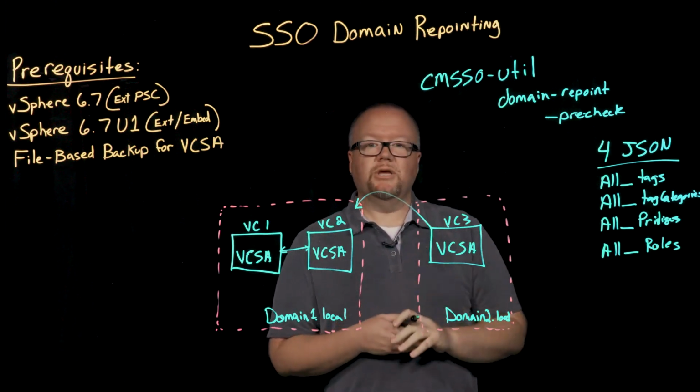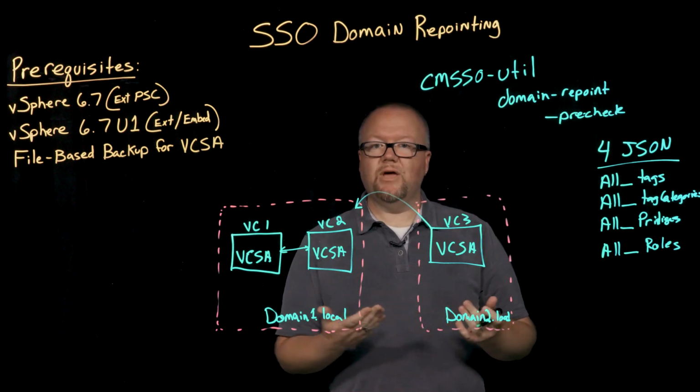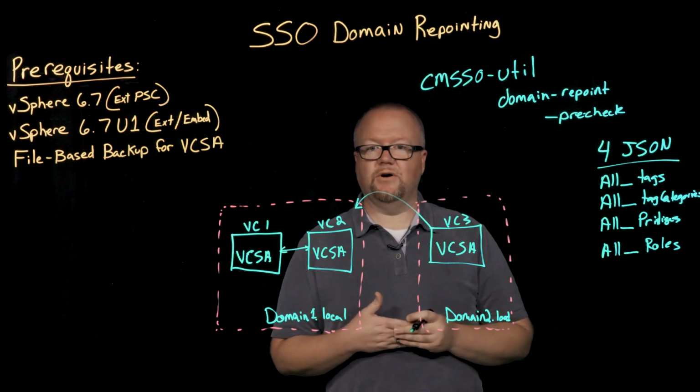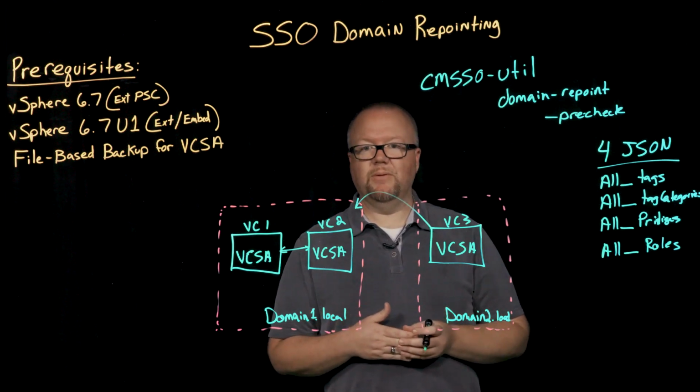So when we run the PreCheck command and we get these JSON files, now we have the option to read through those JSON files and resolve the conflicts that may be there.